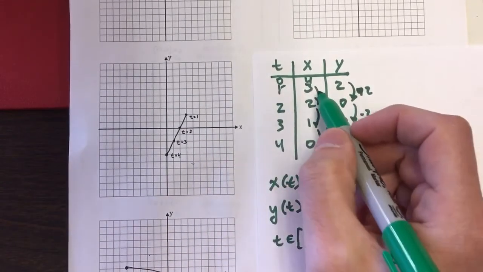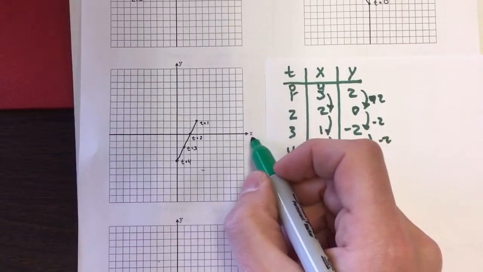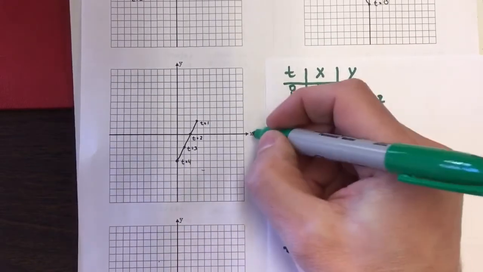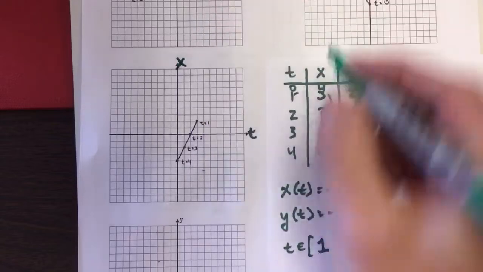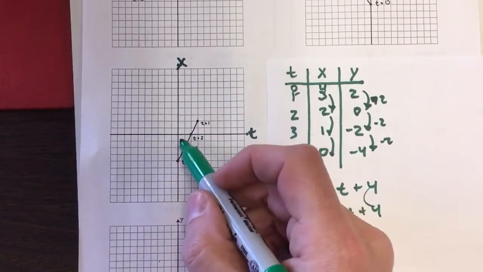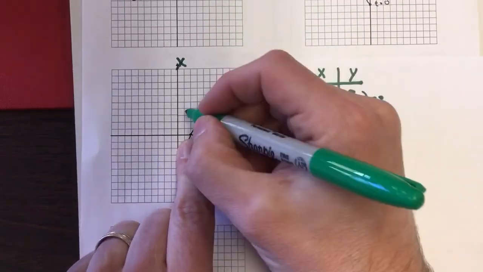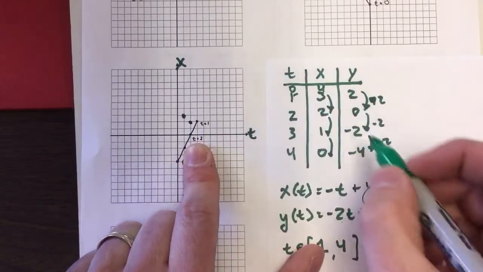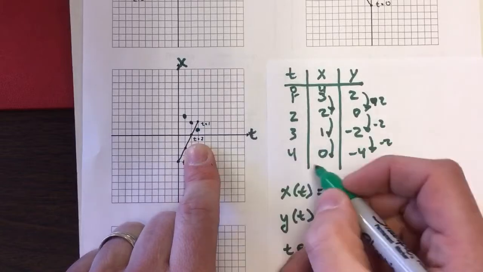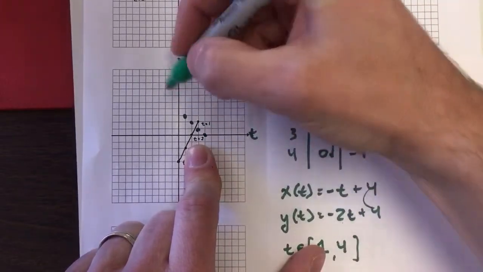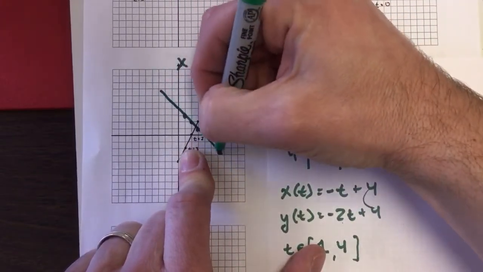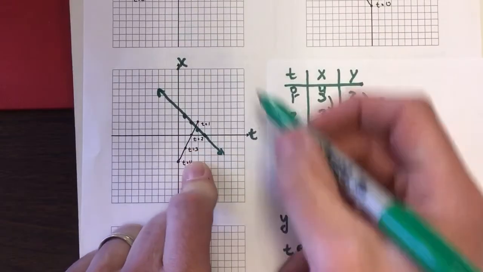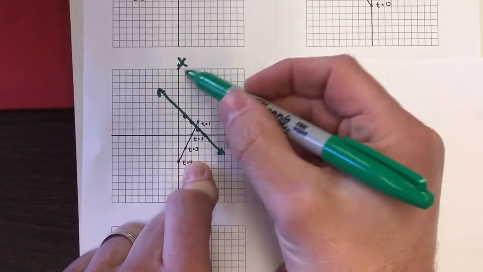We could take this and look at, rather than having x and y, we could have t and x. If t is 1, then x is 3. If t is 2, x is 2. If t is 3, x is 1. If t is 4, x is 0. So we could create a line that doesn't compare x and y, but compares t and x.